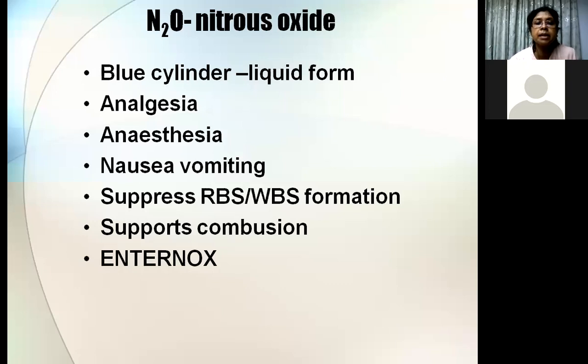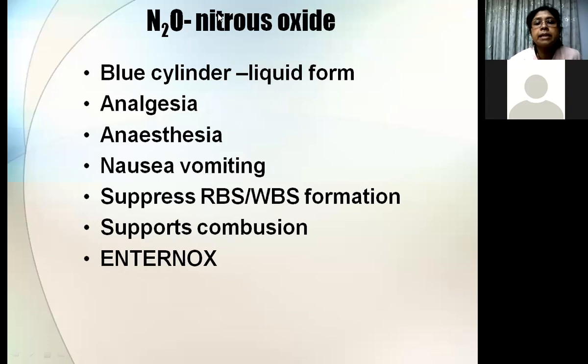We use nitrous oxide, but it can cause certain adverse effects: nausea, vomiting, and in the fetus, it suppresses red blood cell formation, and sometimes it's said, but it's not proven, that it can cause abortions. So that is why we now don't use nitrous oxide much.